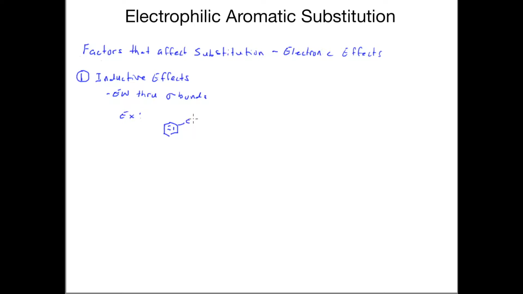So you can see an example here. If we add fluorines to a carbon that is adjacent or attached to our ring, you can note that inductively these fluorines are going to pull the electron density away from the carbon there, putting a partial positive charge on the carbon.